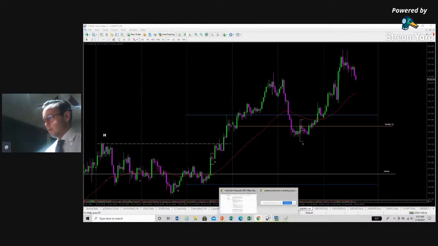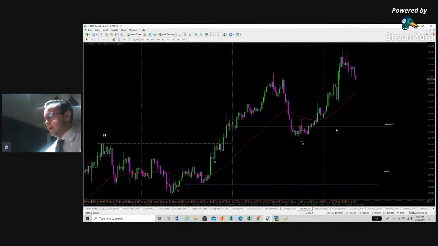We are going to start by saying that the signal is located at the monthly open and inside the week's range from the last week of the previous month.